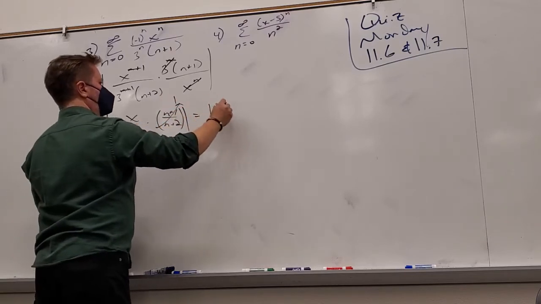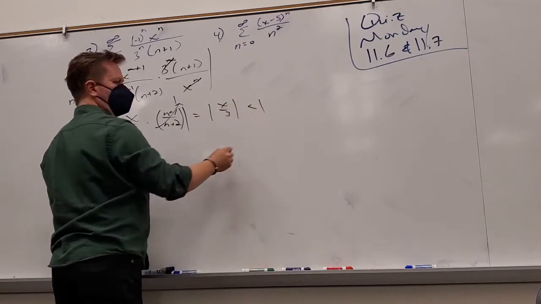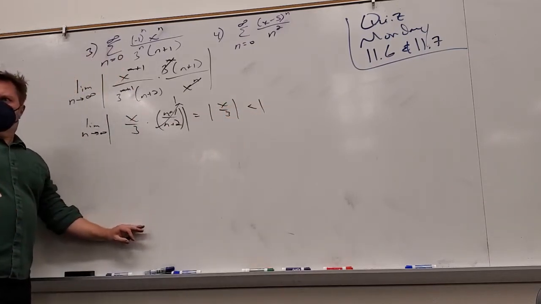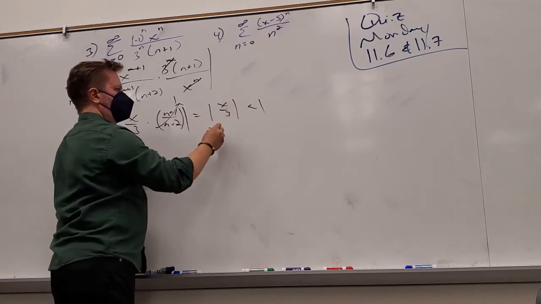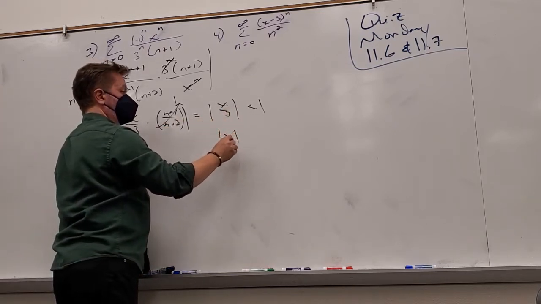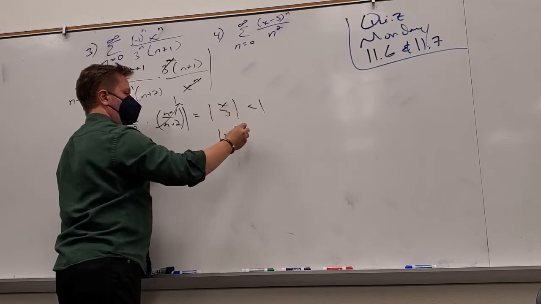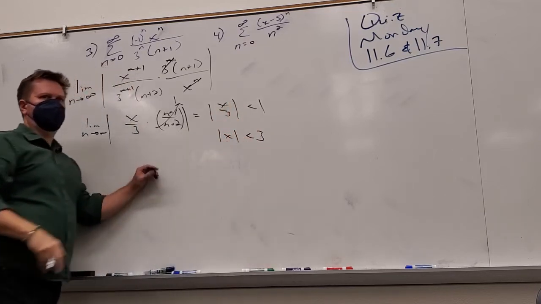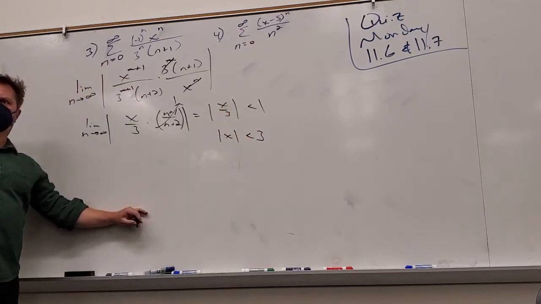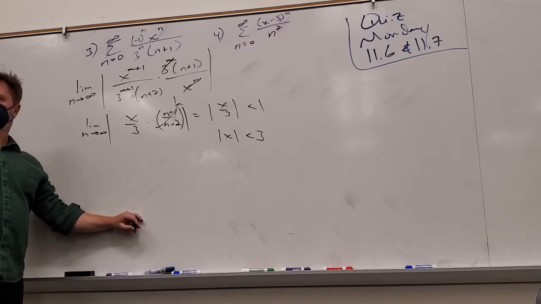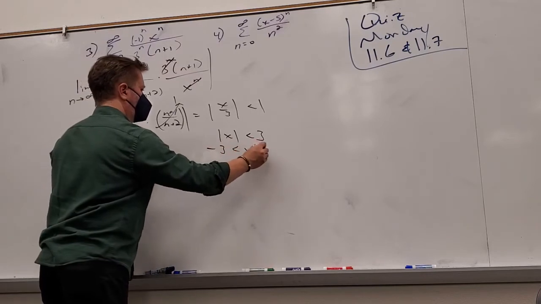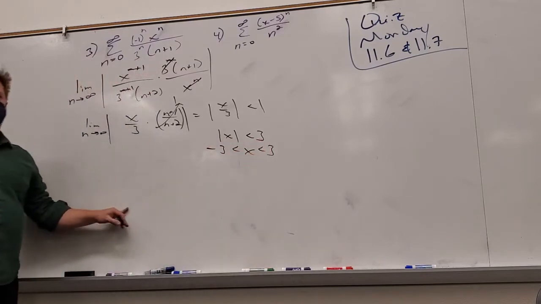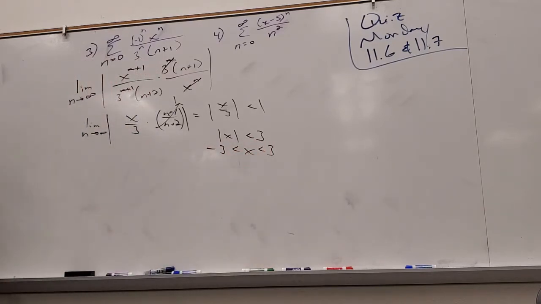So I get this, which must be less than 1. So then I multiply. Good. So now my radius of convergence is 3, and my interval of convergence is this. I just don't know about the endpoints yet.